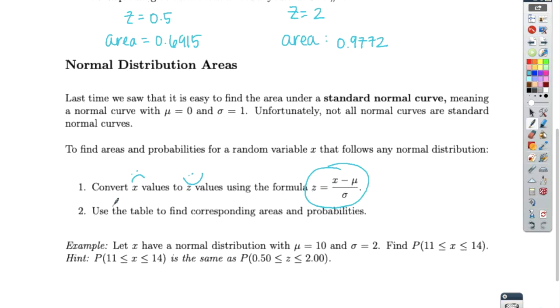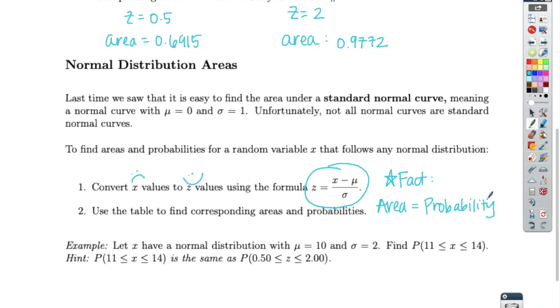And then you'll use the z table that we have in the back of this packet to find corresponding areas and probabilities. And let me write a really important fact. We talked about this briefly in section 7.2. Area and probability are the exact same thing.